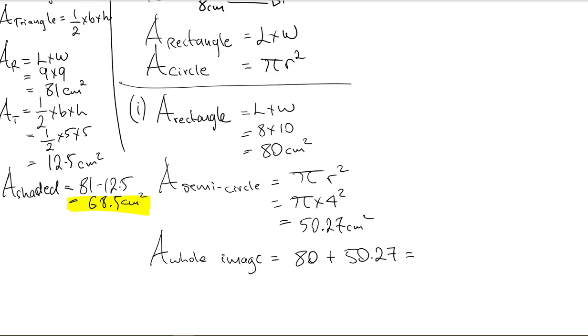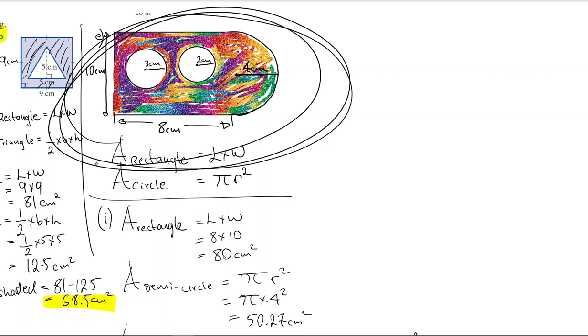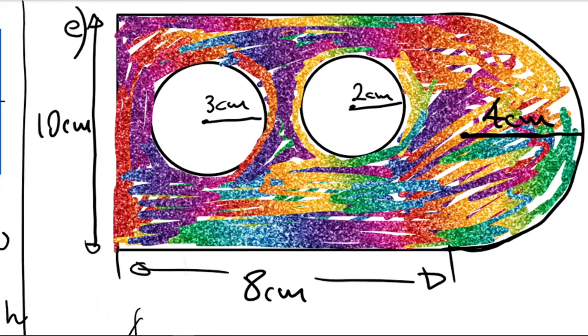I've got 130.27 centimeters squared. So now I've actually got the area of this whole thing in that diagram, including those 2 circles that are not shaded. I want to get rid of those circles. I've got one circle with the radius of 3, and another circle with the radius of 2.